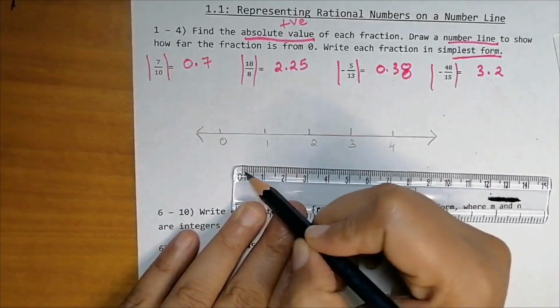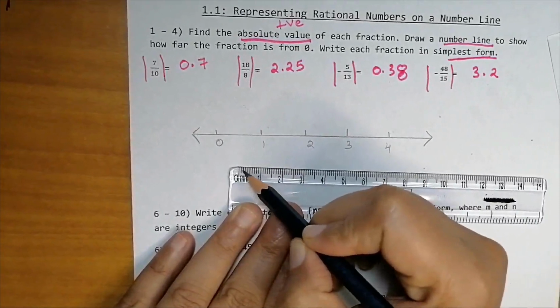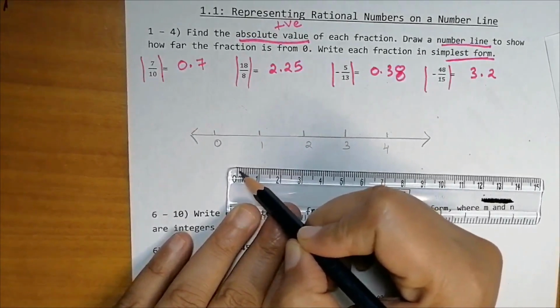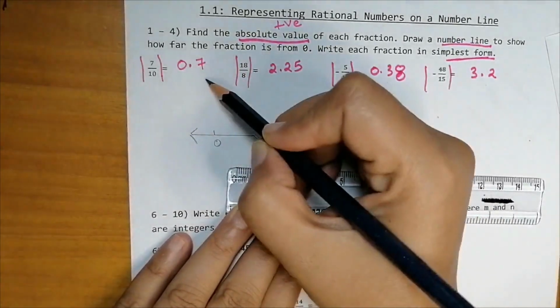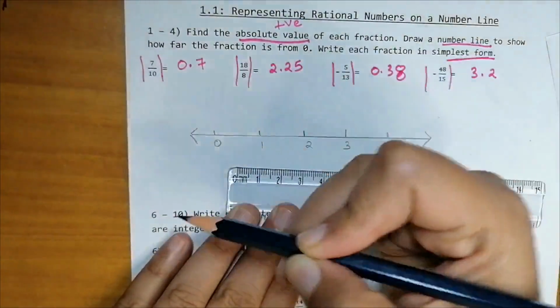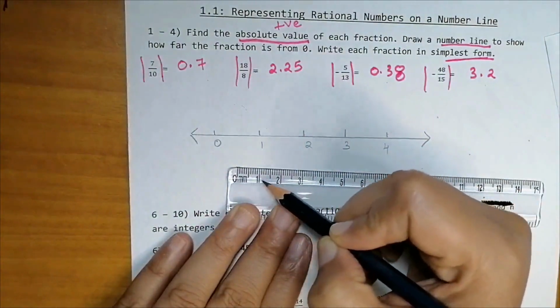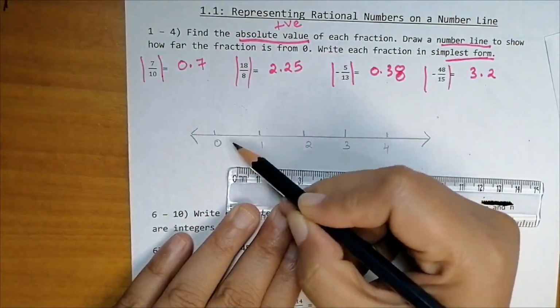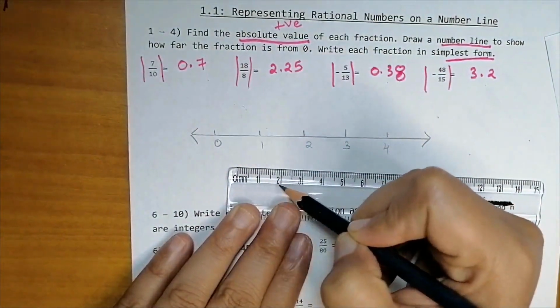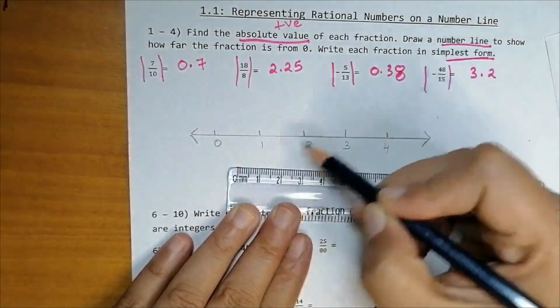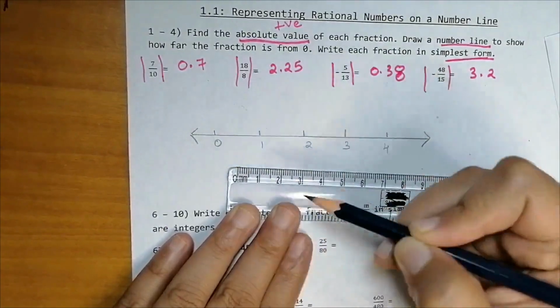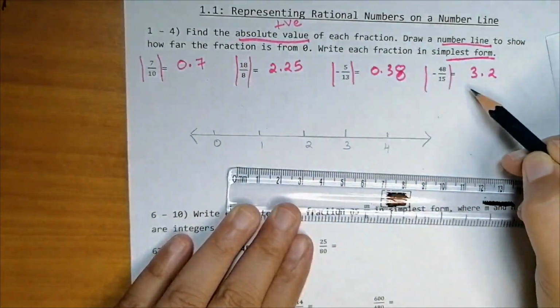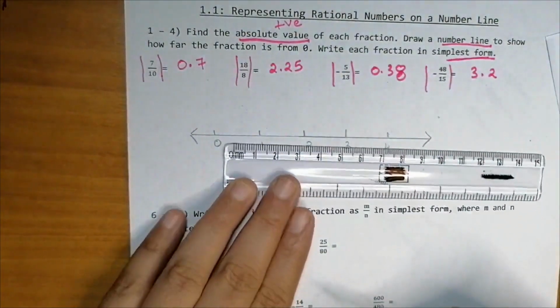So each tiny 2 units here will represent 0.01. So we have 0.7. Since 1 unit is 2 centimeters here, each time we plot this, you have to double it up. So all this will be doubled. That's how you will mark on the number line.